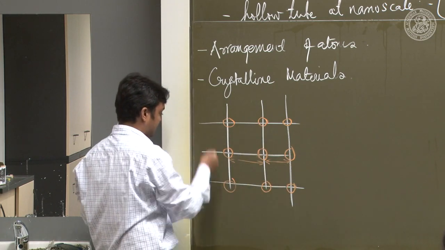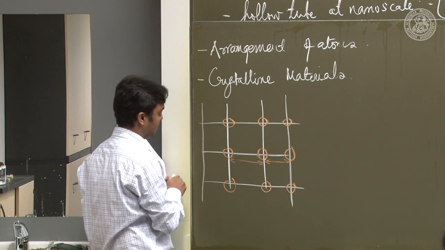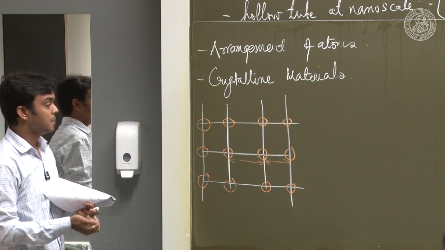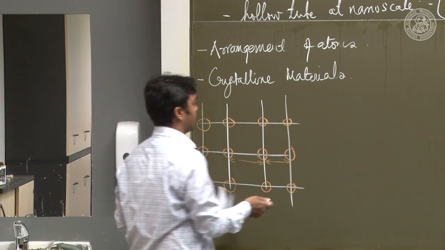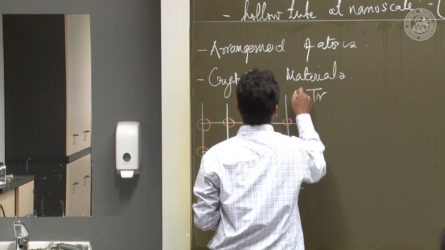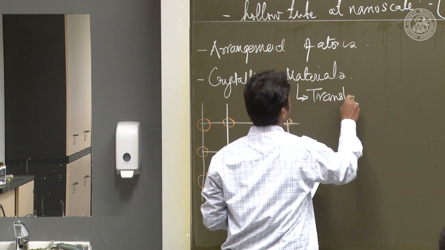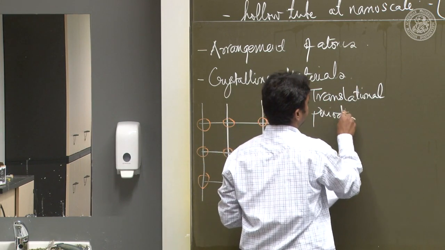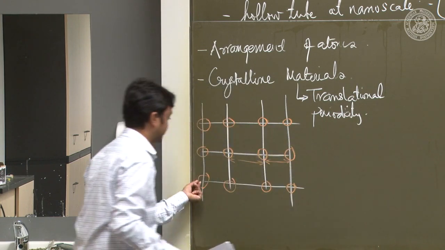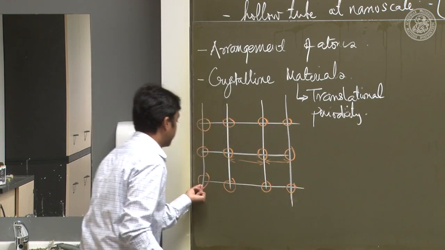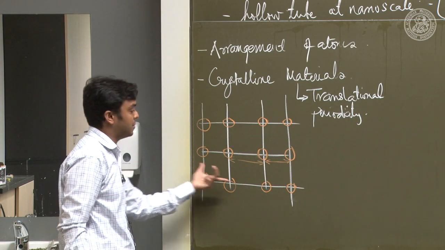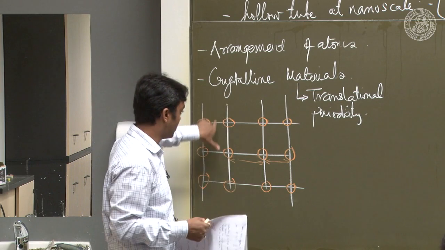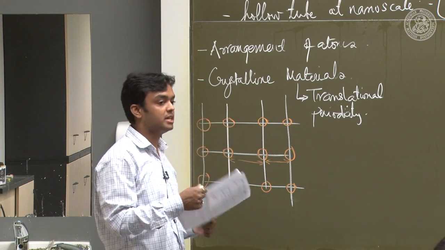If I look at this atom, it also has the same environment. So they have a translational periodicity in them. So the crystalline materials have translational periodicity. That means if I translate this here and translate this there, you see that I am able to form a crystal.